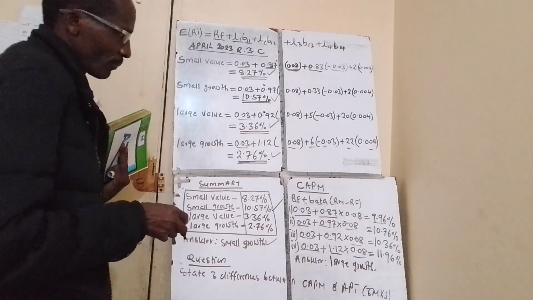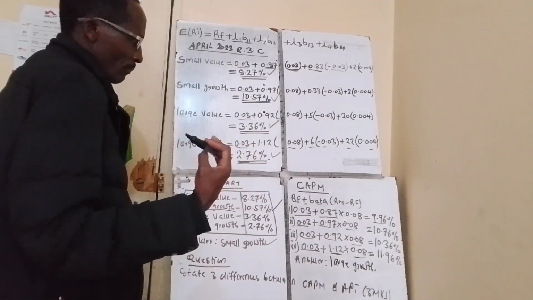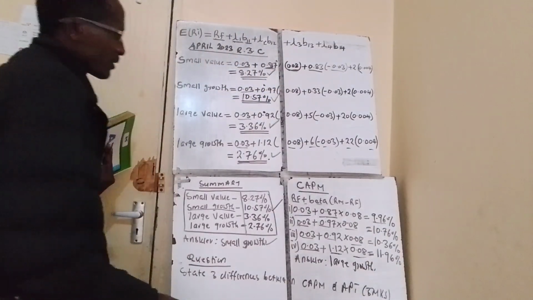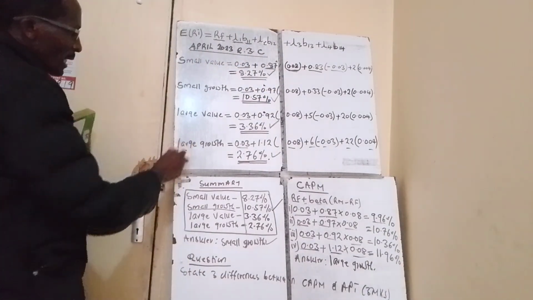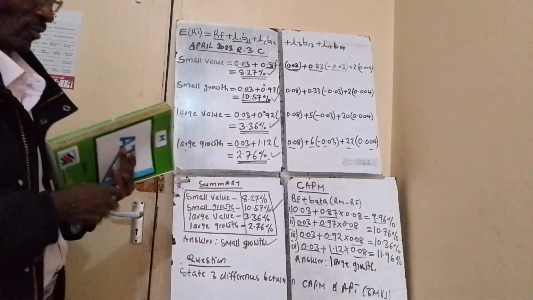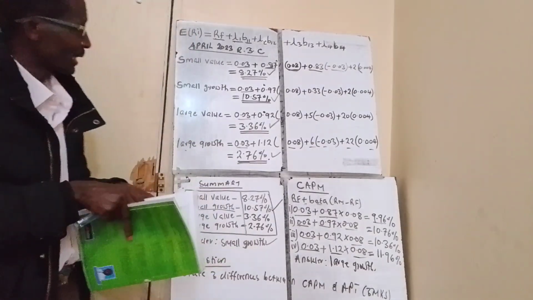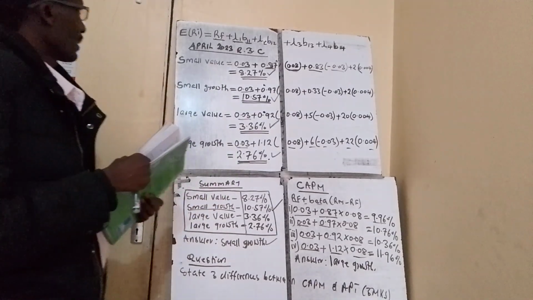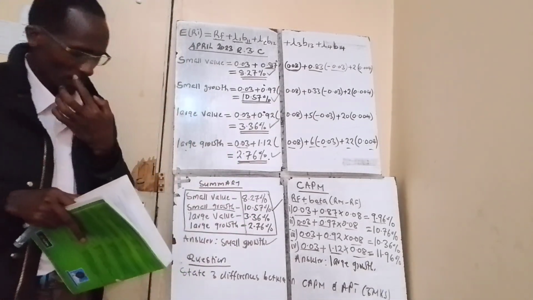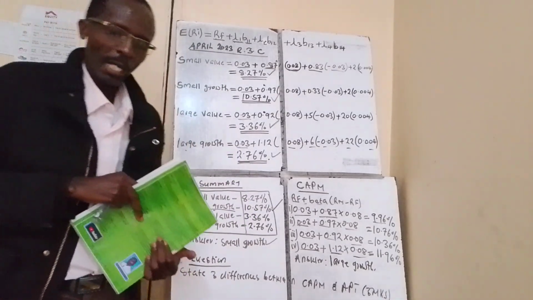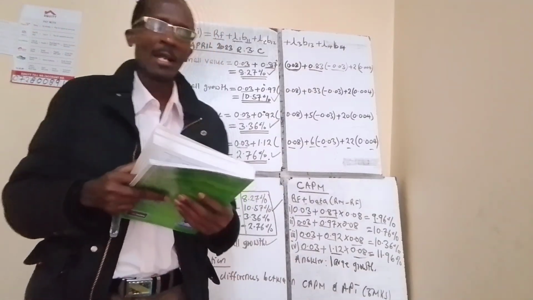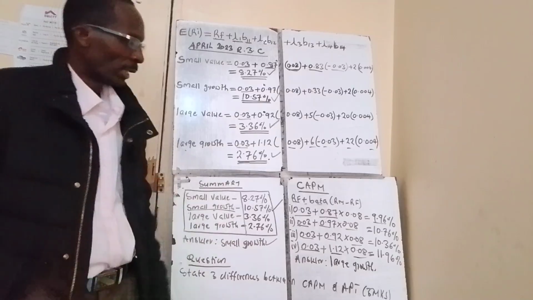So the answer is large growth, at 11.96%. That's how you calculate those expected rates, using the arbitrage pricing model as well as CAPM, the capital asset pricing model.